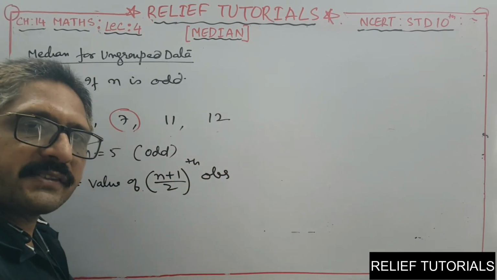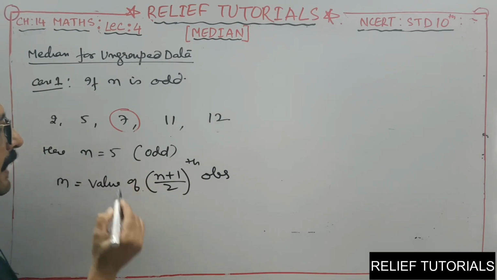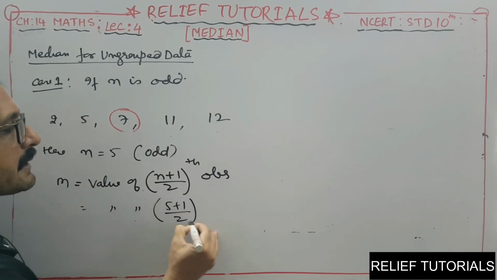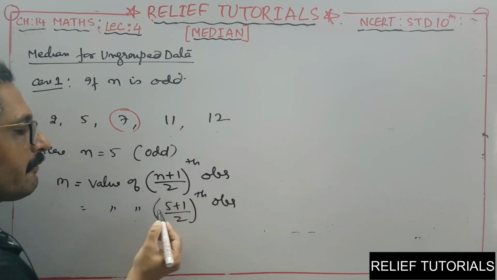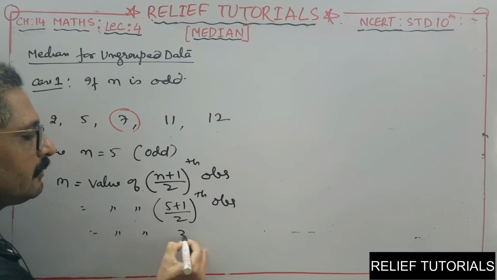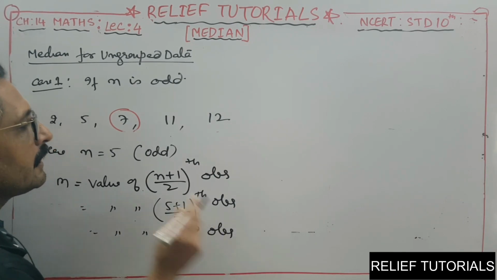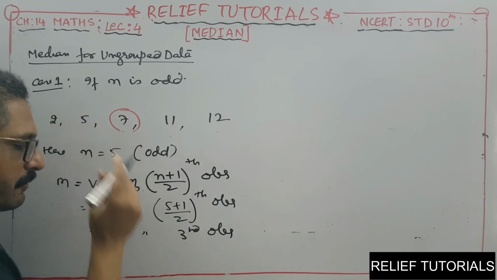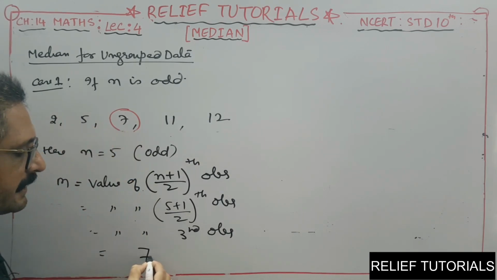This we have learned in 9th standard. Now n is equal to 5, so the value of the (5 plus 1) upon 2nd observation. 5 plus 1 is 6, 6 upon 2 equals the value of the third observation. This is the first observation, this is the second, this is the third. So median is 7.